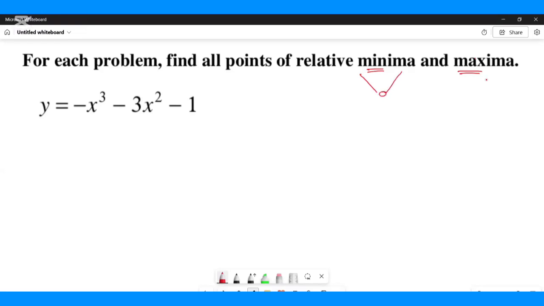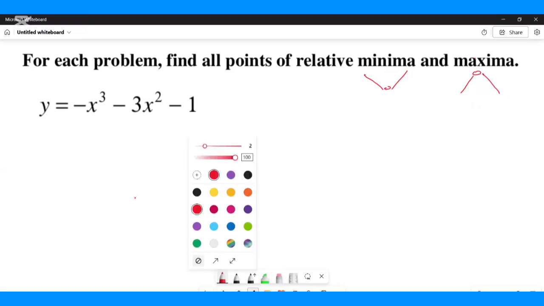And for the maximum, I'm supposed to have an increase then a decrease because this would have been my critical value. We're going to leave this here as reference. This is my critical value going up and going down. We're looking for that sort of thing.